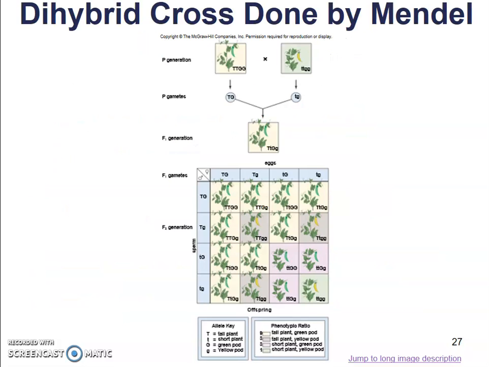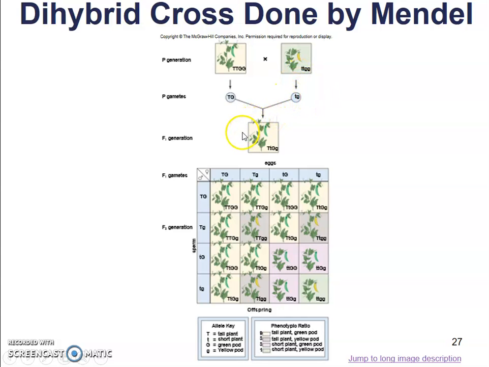So here we have a dihybrid cross done by Mendel. Don't freak out. We're going to do a lot of practice with these. Okay, we're gonna walk through it together. So we have our two true breeding dihybrid parents. We've got dominant here, recessive here. So the dominant passes on two dominant alleles. The recessive, true breeding, passes on two recessive alleles.